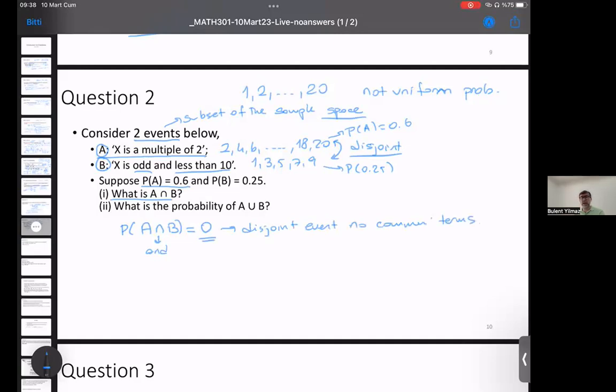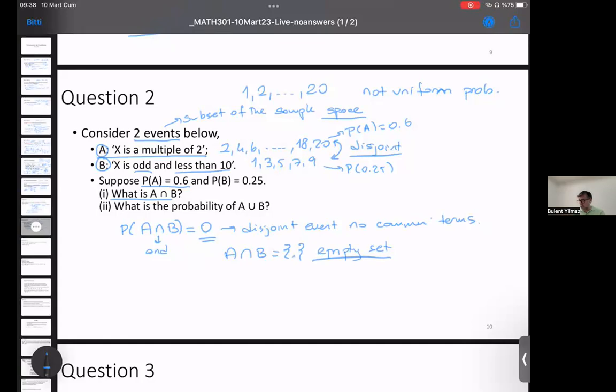Is that clear, guys? The probability of obtaining A and B is 0. Or if I say A and B, it's going to be an empty set.